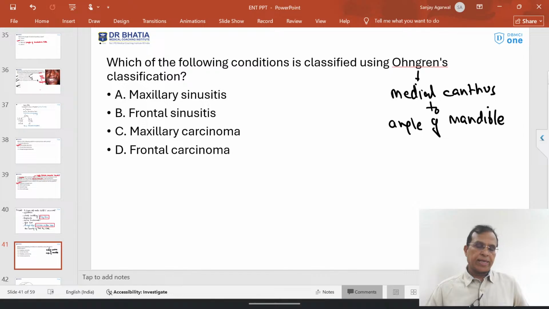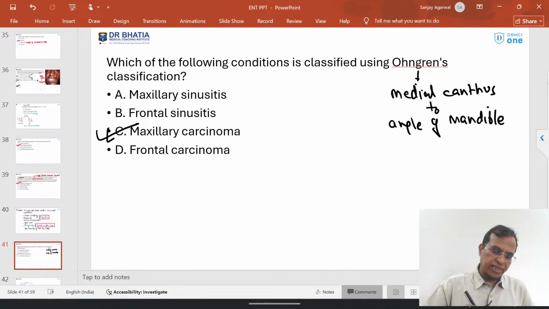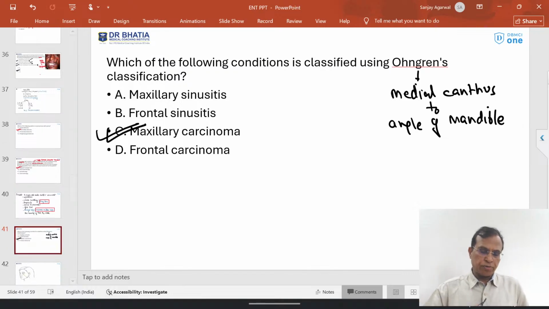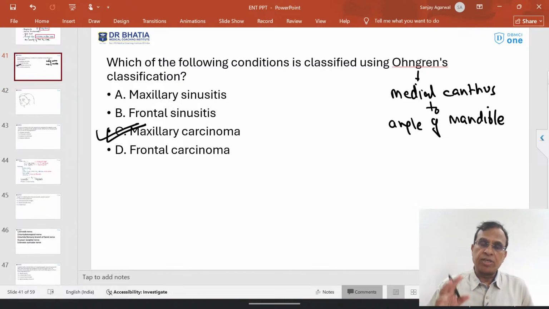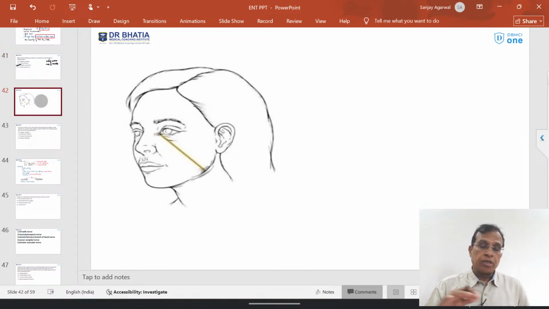Okay, and I can see a lot of people saying C. C is the correct answer. It is used for maxillary carcinoma. ये question आपके एग्जाम में आ चुका है. It's an FMG question. Now this line that you see is the Ongrain's line. ये yellow line Ongrain's line है.